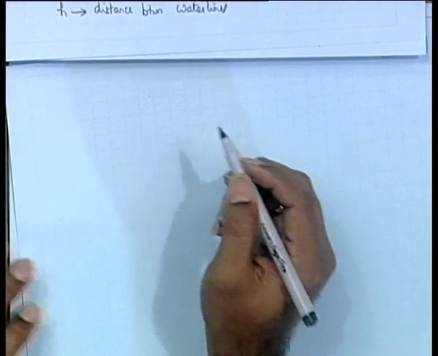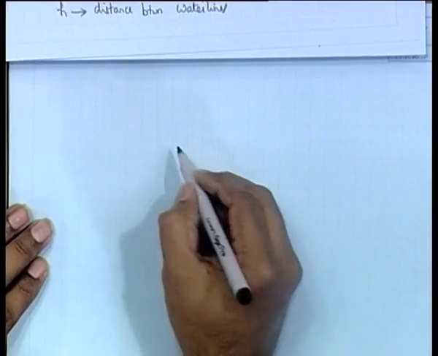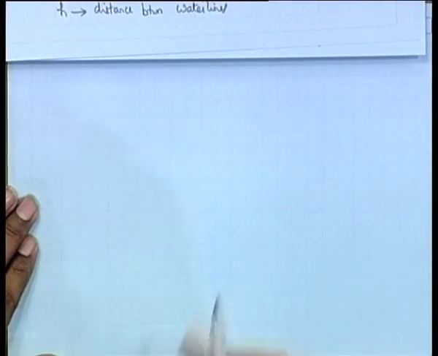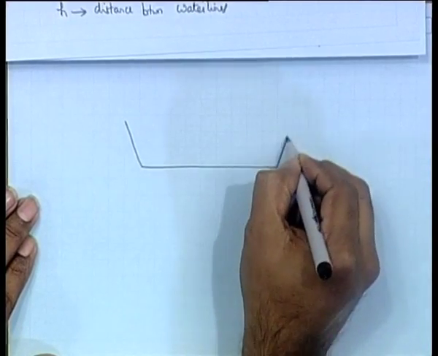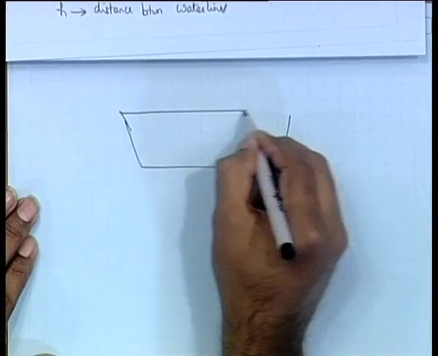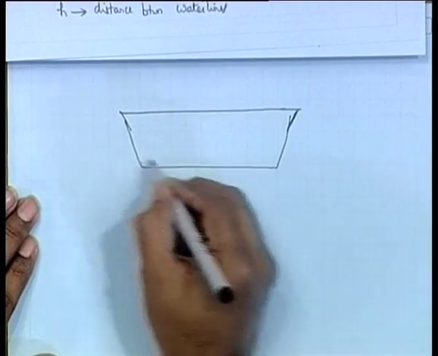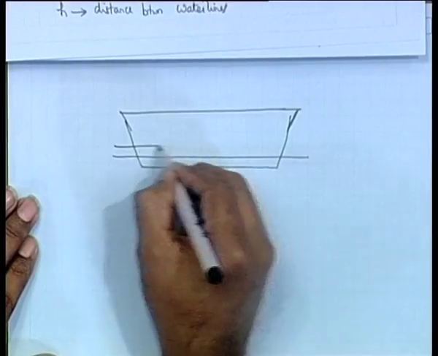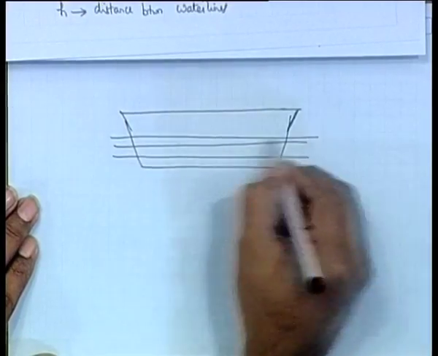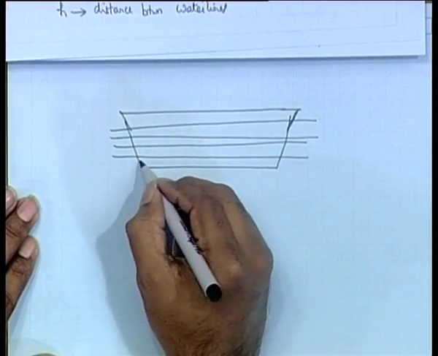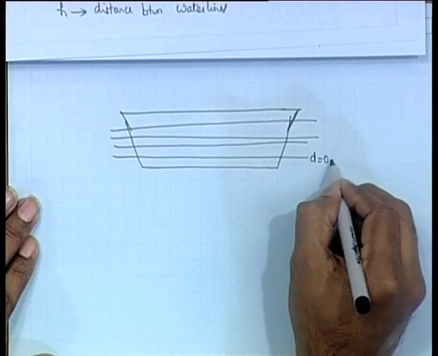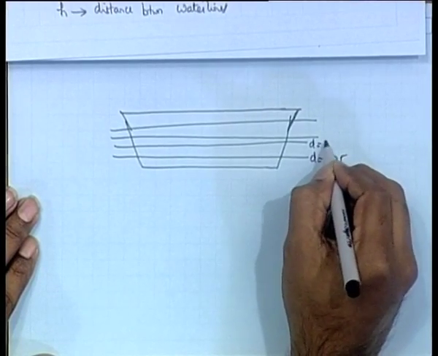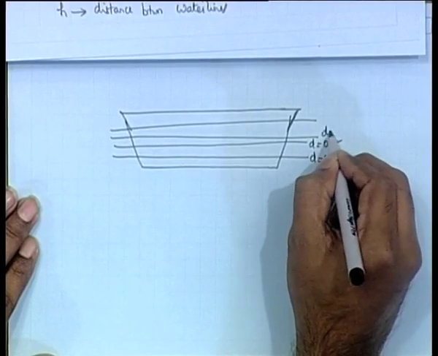Okay. Yeah, another thing is you could be given at different drafts, meaning this is the ship, and at different drafts, that means at different cross sections or different water planes, you are given the water plane area. These are different drafts, let us say draft of 0.25, draft of 0.5, draft of 0.75, like that.